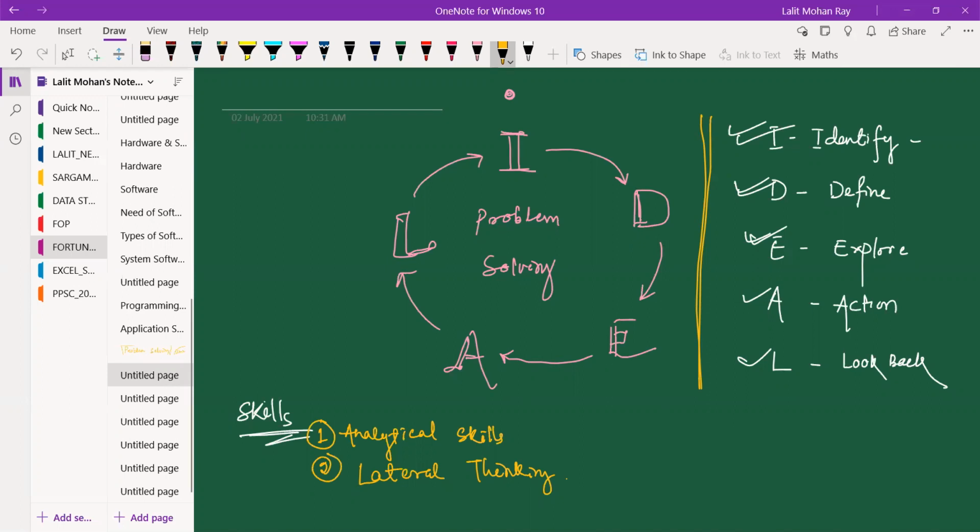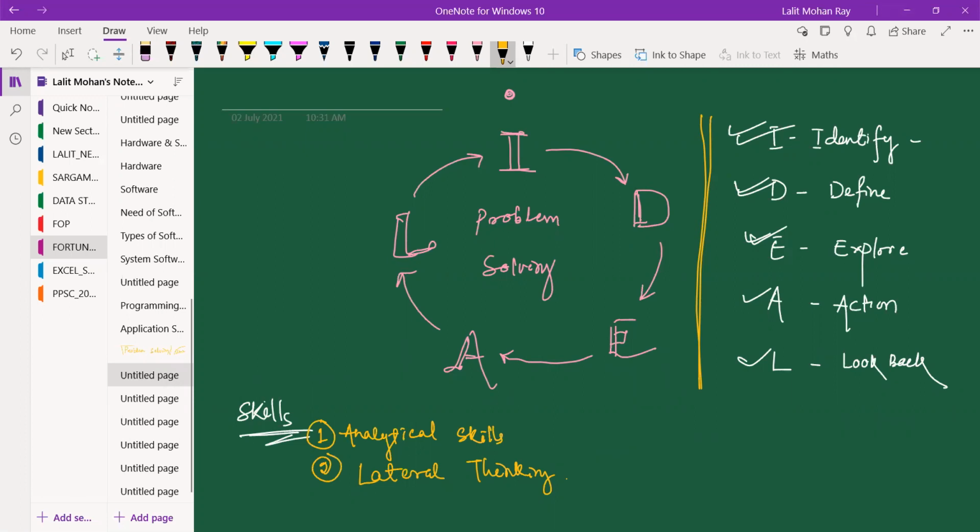Because if you do not have a creative mind, then you cannot imagine how to. So many problems require some imagination, some previous work, some inspiration from other problems. So you have to improve your imagination skill.